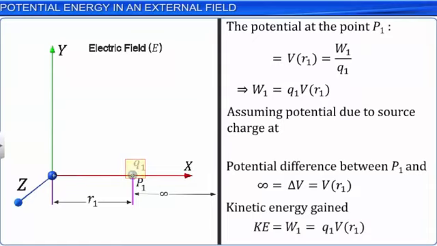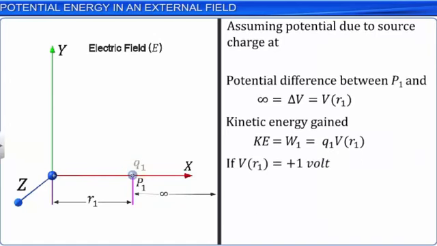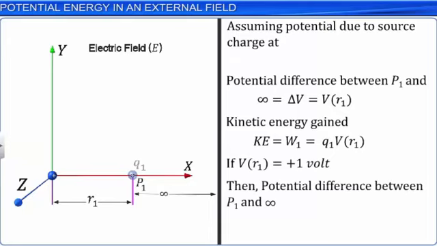If V of R1 is plus 1 volt, then the potential difference between the point P1 and infinity is delta V equal to V of R1 minus V infinity, which is equal to plus 1 volt.